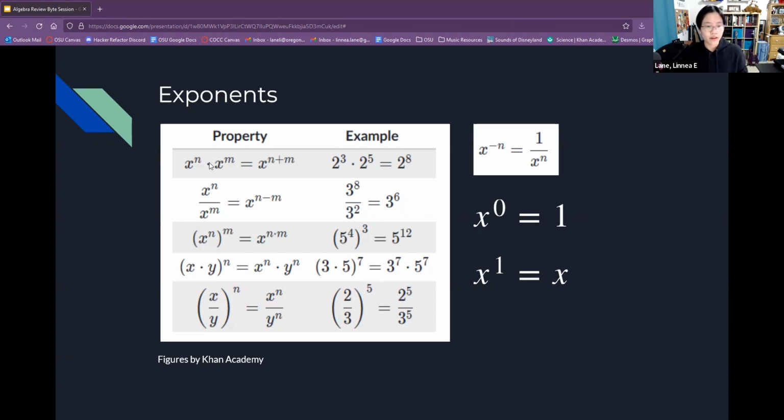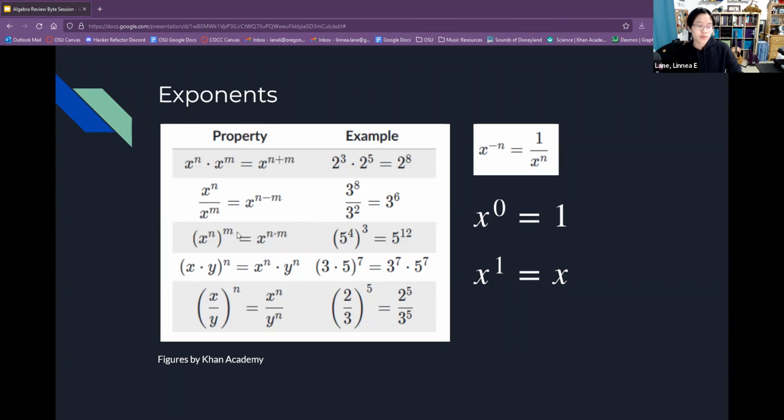And so we have the multiplication property, which is if you have two numbers with the same base but different exponents, you can add the exponents together and put them over that same base. So in this case, they're doing it with 2's. The bases are the same, obviously, and so you can add those to get an 8. Similarly, if you have division, you can subtract those two exponents from each other like they're doing over here.